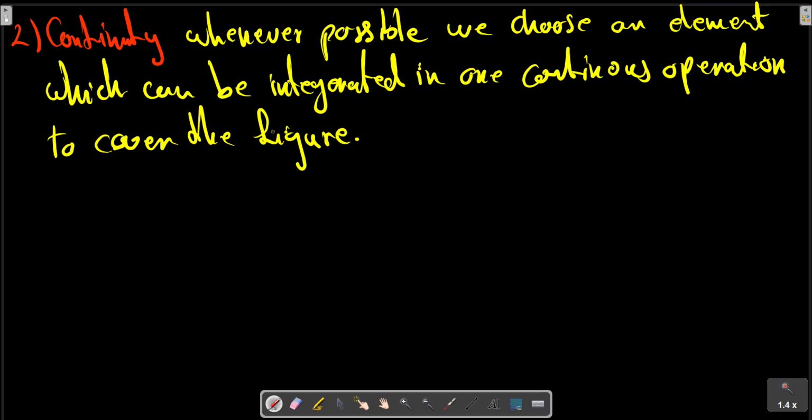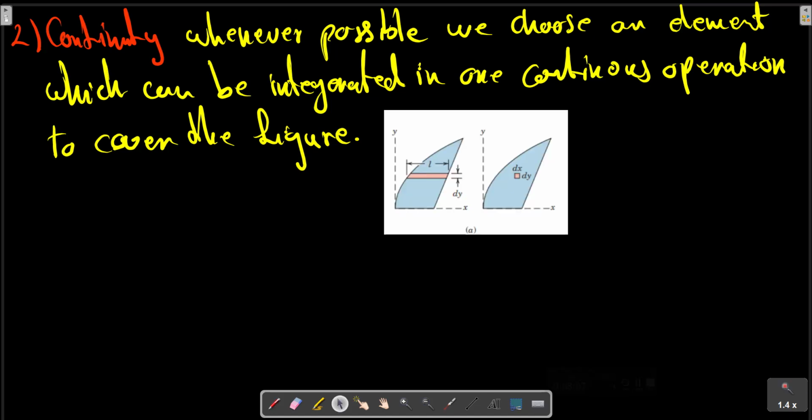Thus, the horizontal strip, for example, in the two previous pictures, would be preferable to the vertical strip in the picture here.